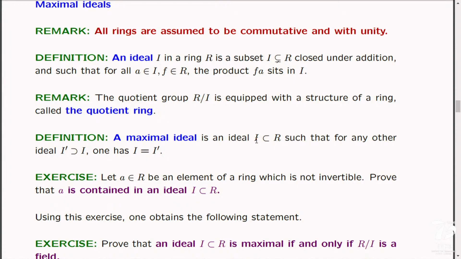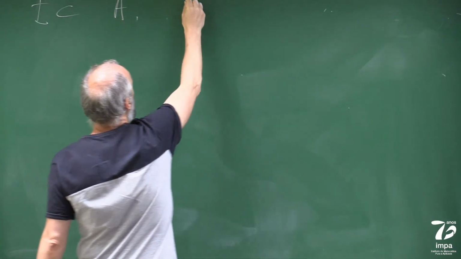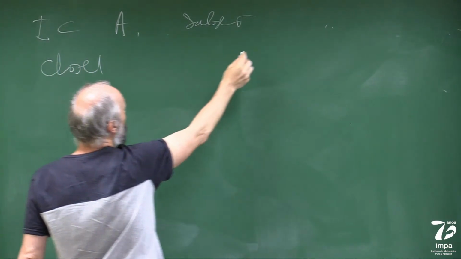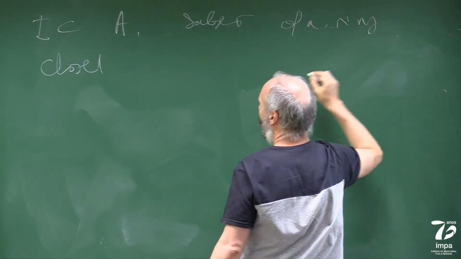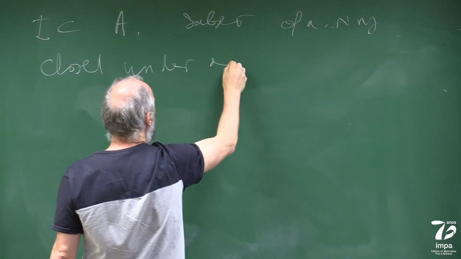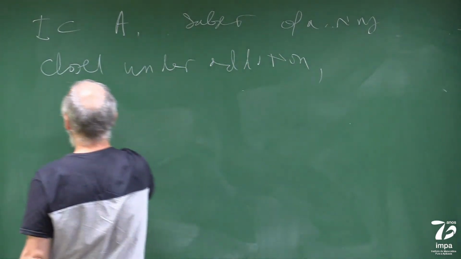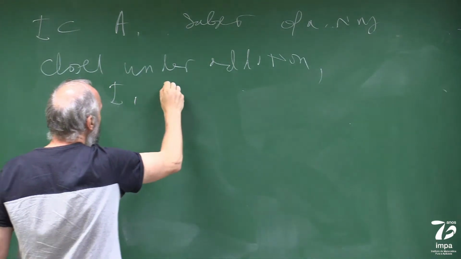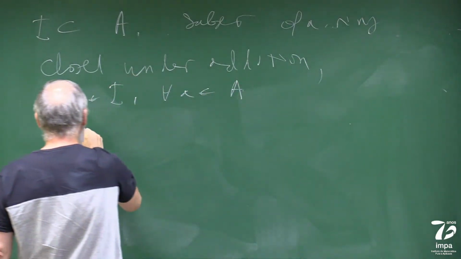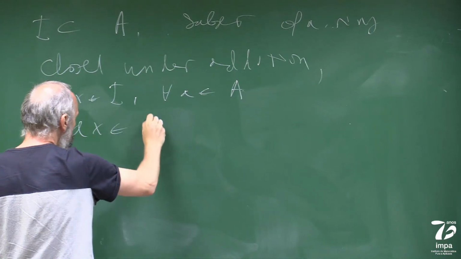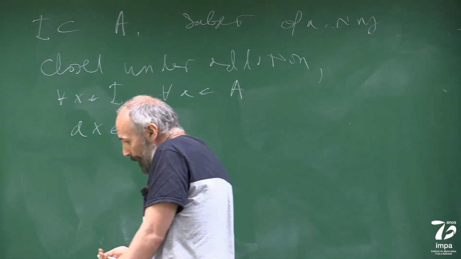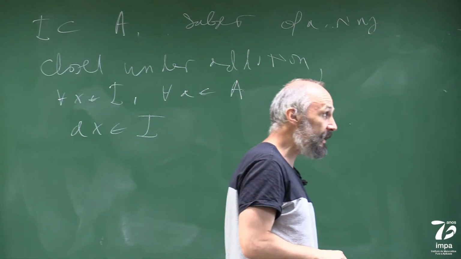So, an ideal inside a ring is a subset which is closed under addition, and also closed under multiplication by elements of A. So for each x inside I and each a inside the ring, ax belongs to I. In particular, if your ring is an algebra, a vector space over a field, the ideal is also a vector space over the same field.